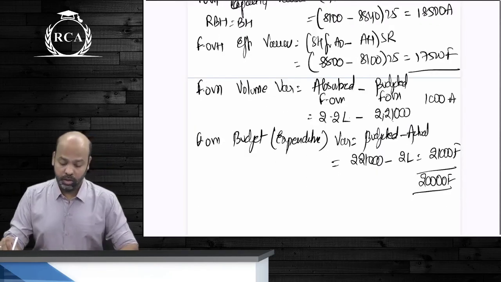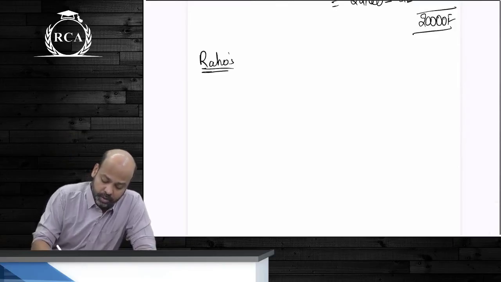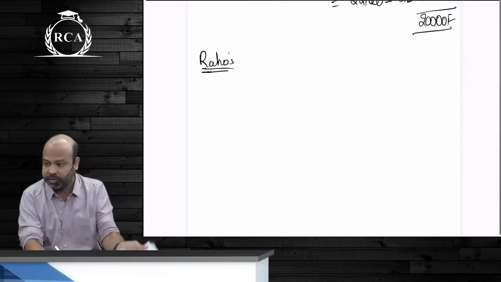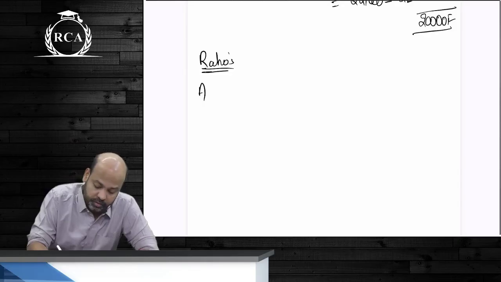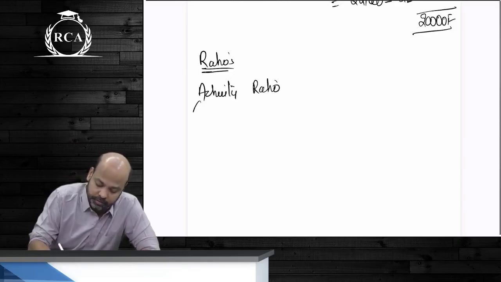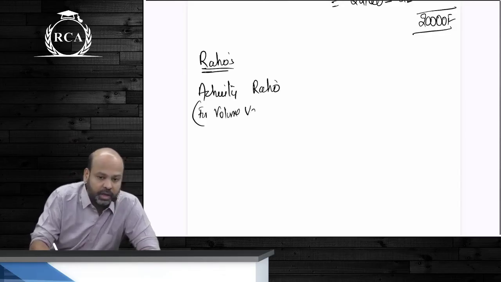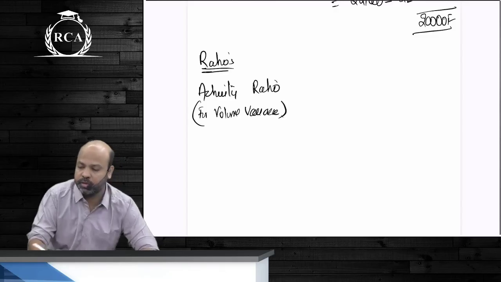As far as ratios are concerned, beta, now the three ratios. The first one here, guys, is activity ratio. Activity ratio, guys, is basically related to volume variance. For your understanding, how do you compute volume variance?